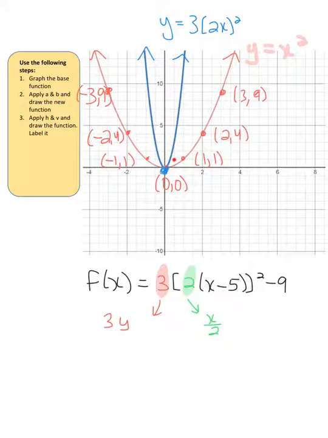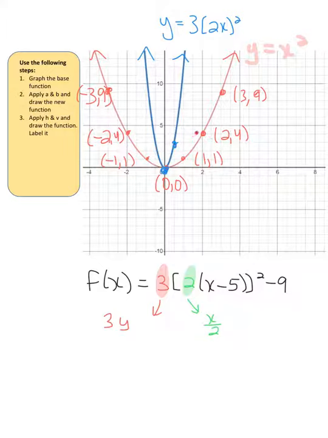So there's 1, we're already at 1, 2, 3. So right here is going to be my new transformed coordinate. Again, this graph is compressed by half horizontally and stretched by 3. It doesn't mean we move up 3 units, because then we'd be up here. It means this 1 is now multiplied by 3, so we're now at 3.